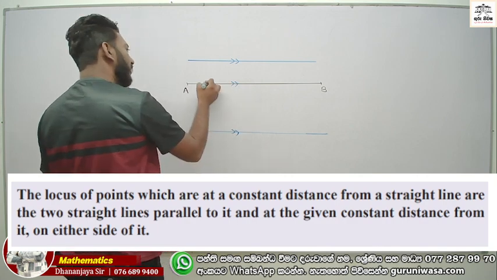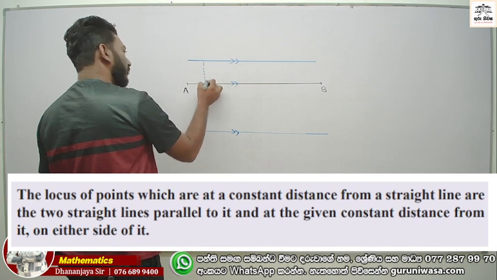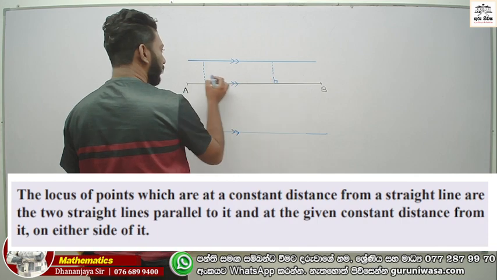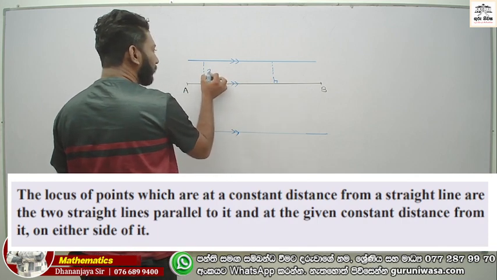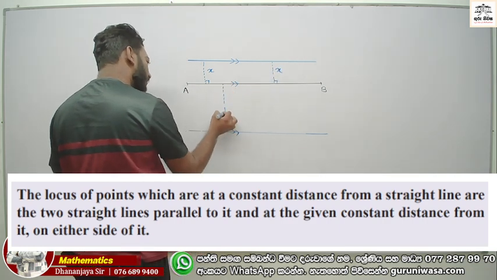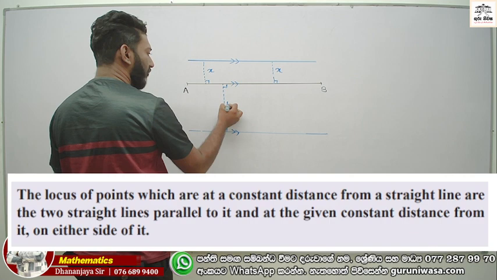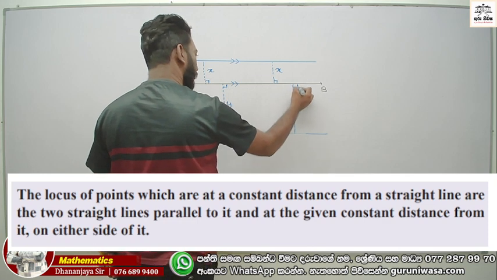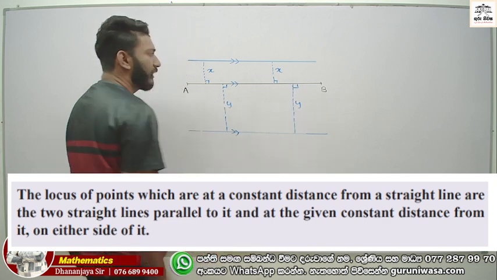Now look at this. Here to here, here to here, same distance. This one should be X. Now here to here is Y. Now here to here should also be Y. Same distance.